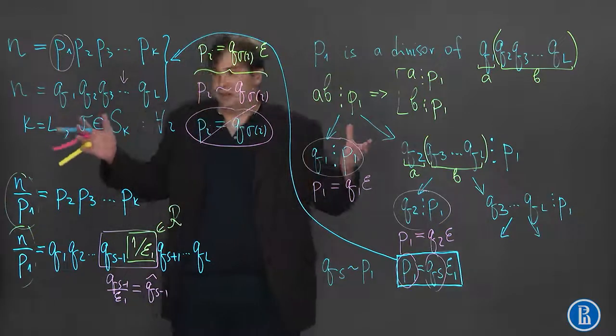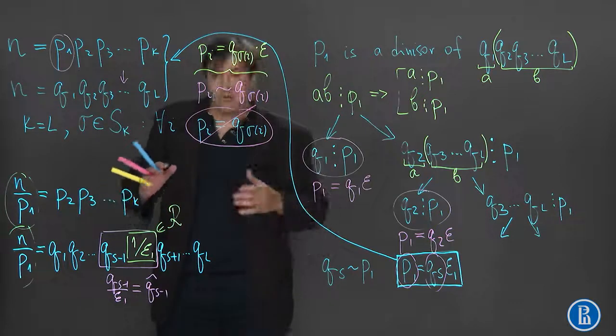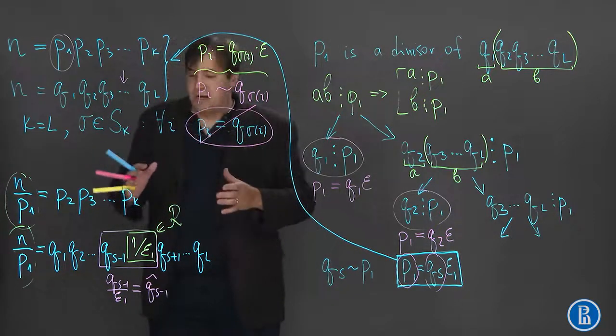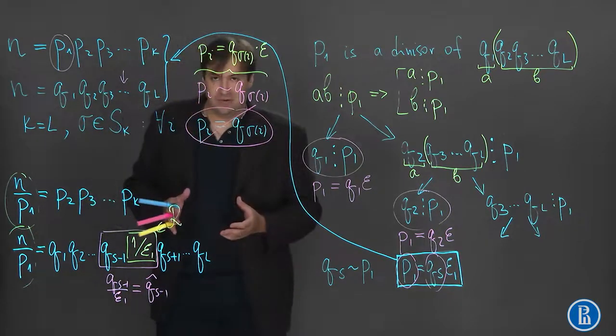Well, since we are decreasing the number of prime factors by 1 every time we use this method, eventually we will come up with a situation when one of these decompositions is out of prime factors.